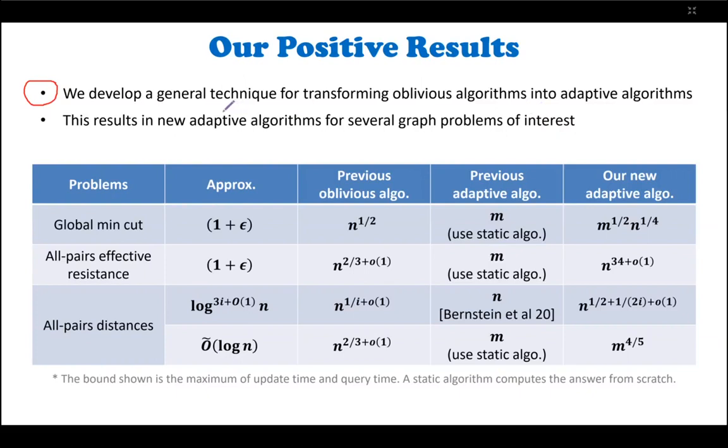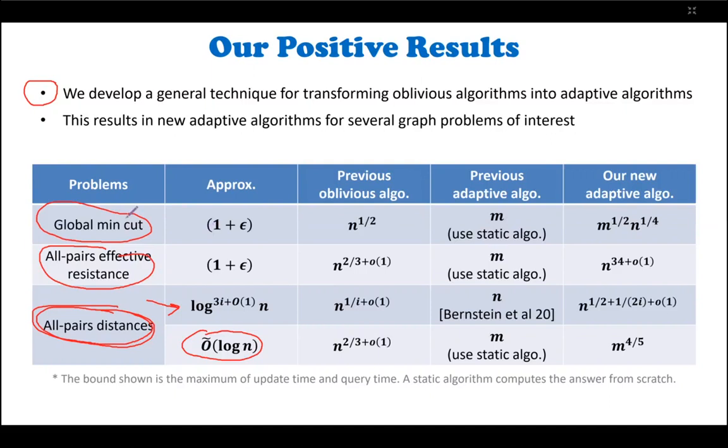We use this generic transformation in order to obtain new results for the following three problems: global min cut, all pairs effective resistance, and all pairs distances, where for this problem, we consider two cases. Either we want approximation ratio of polylog n, where n is the number of vertices, or we want the approximation ratio to be almost log n.